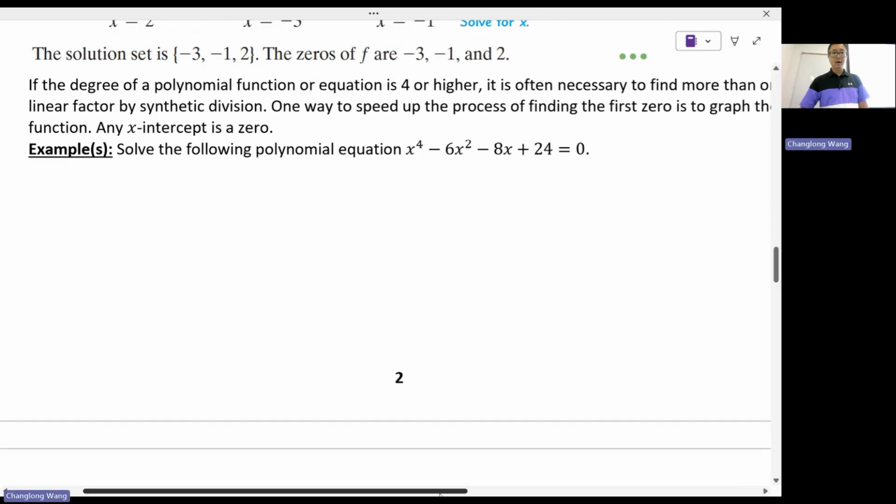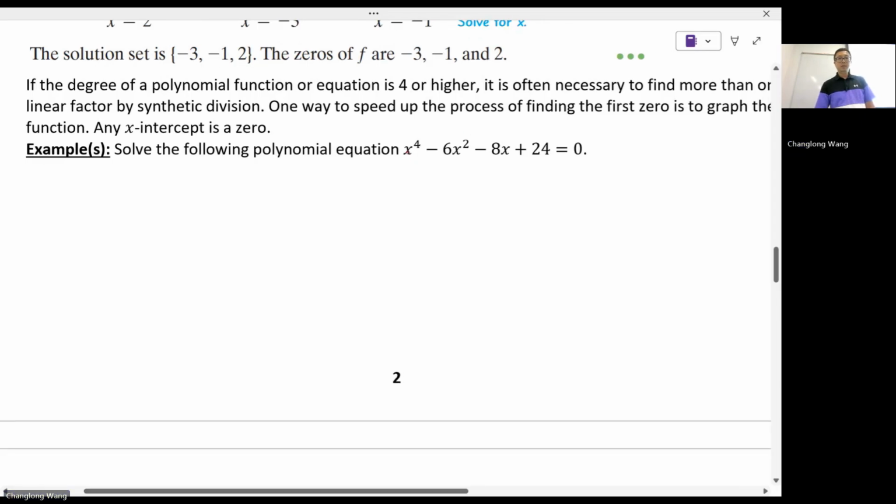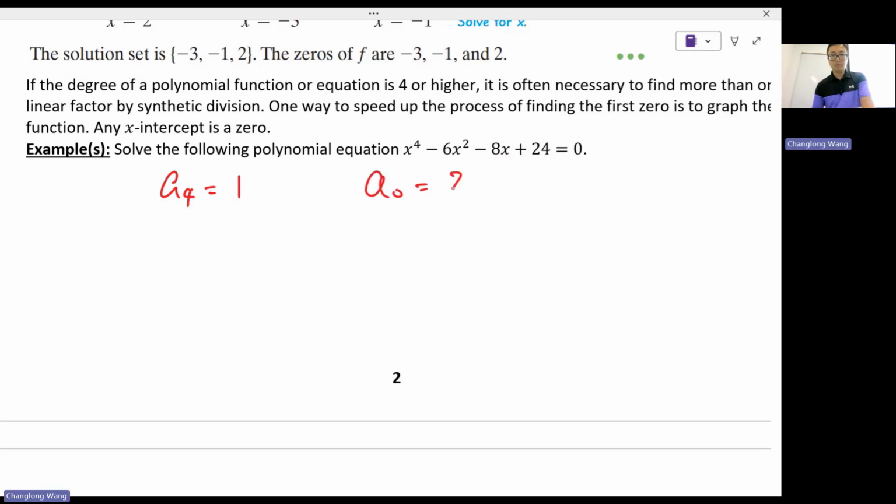Possibly, to check. The leading coefficient is 1, right? The constant term is 24. So can you guys tell me what are the possible factors of 24?